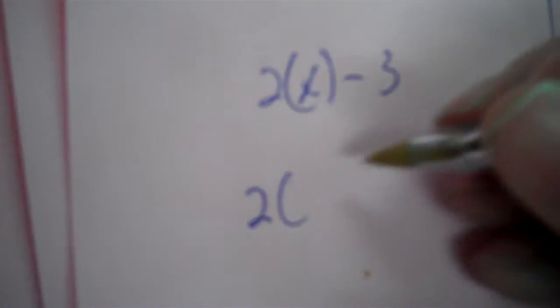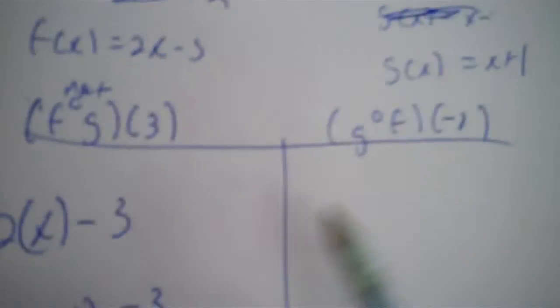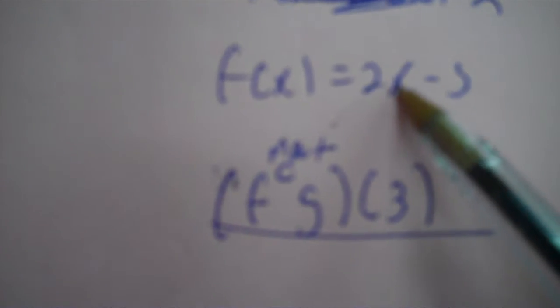Then you parenthesize the x and replace it with a longer parentheses. Now you go to the g, so you're going to substitute x plus 1 into the g. Whatever the g is, you put in that parentheses. So I write the f function down, replace the variable with the g.